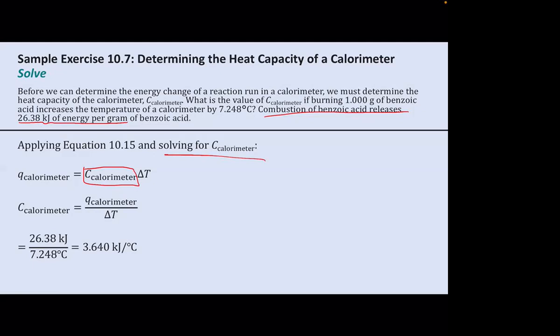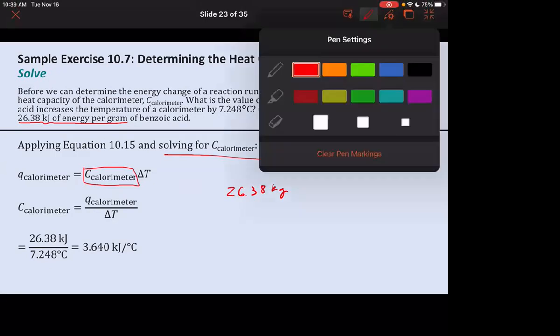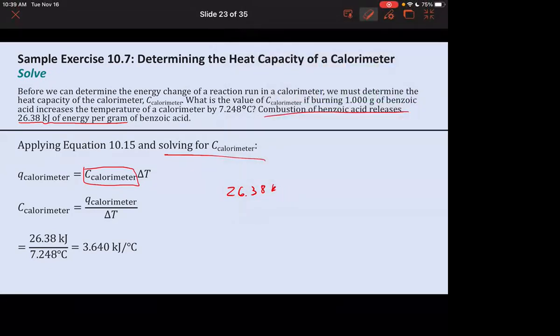Oh, I know what it was, because it's 1 gram. So we know there's 26.38 kilojoules, whoops, not kilograms, kilojoules. This is what we're told: 26.38 kilojoules per 1 gram, right? Times, we used 1 gram.